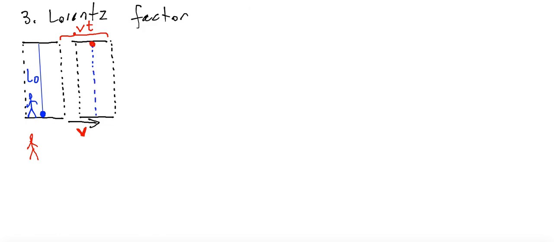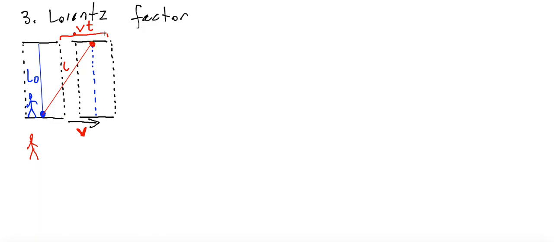The observer outside observes the path traveled by the photon as this one. Is it clear? So, from the perspective of the observer inside the clock, the blue one, the distance traveled by the photon, L0, is shorter than the same distance traveled by the photon as observed by the observer outside, who sees the movement of the light clock.